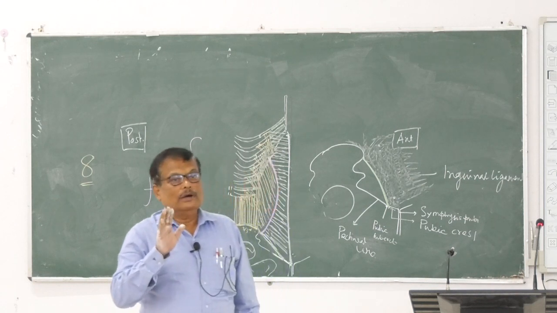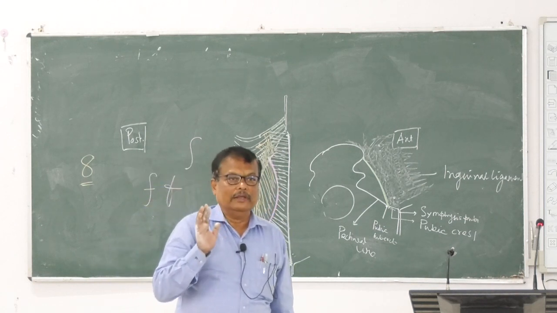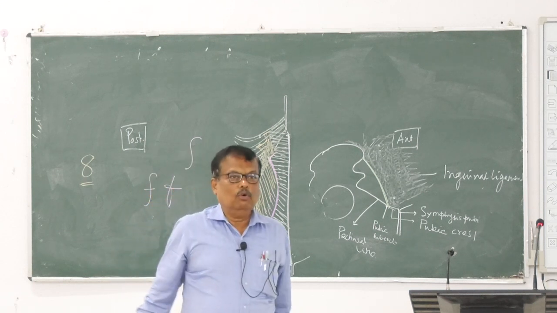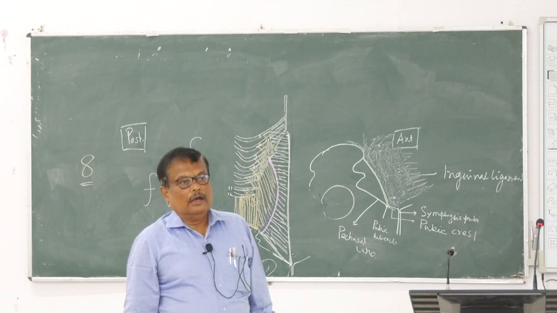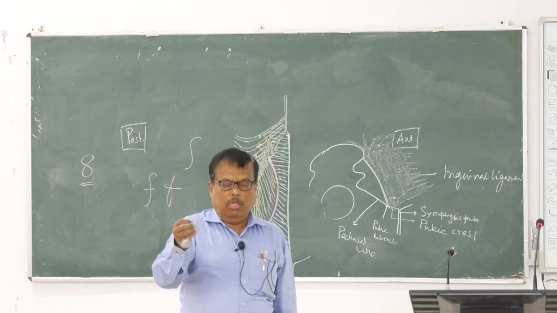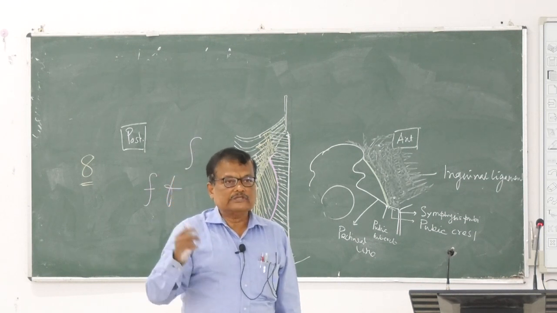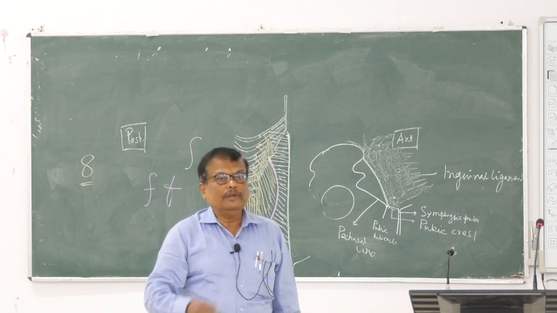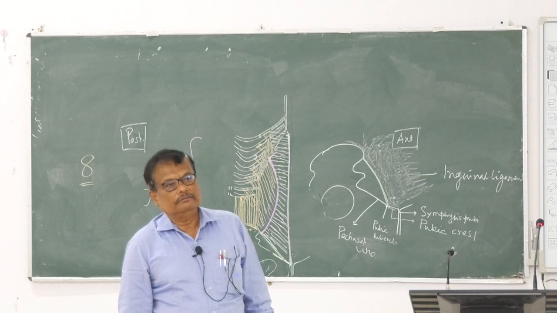So you must respect this external oblique, internal oblique and transversus abdominis muscle, so that we can go without any hernia. And those who are unlucky, their muscles are weak, not only inguinal hernia, other abdominal hernia is also there.